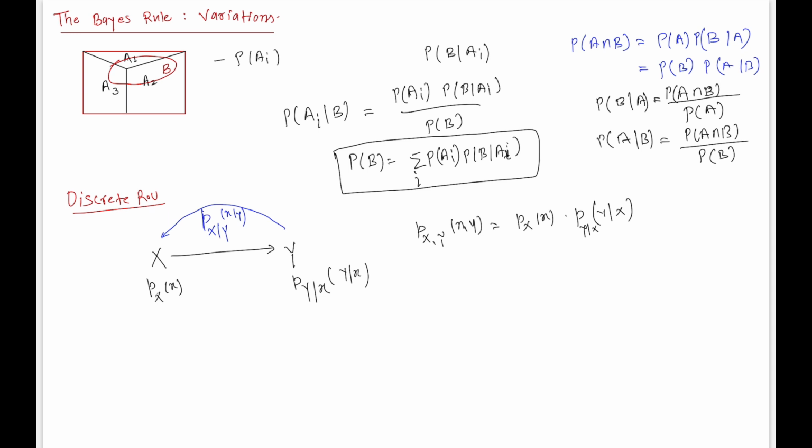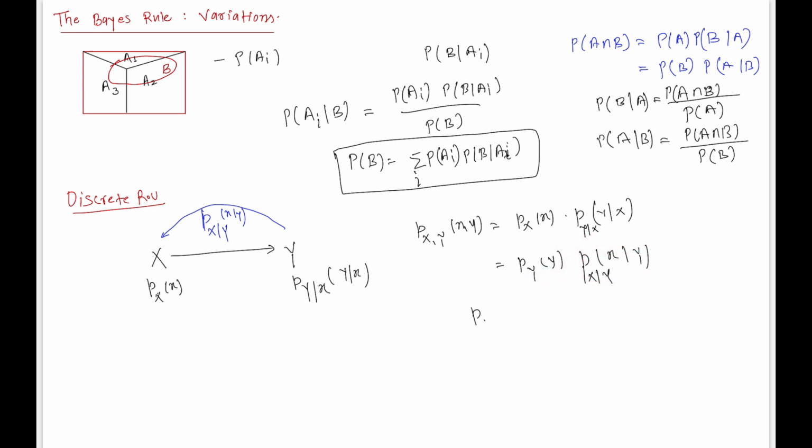We can write the same joint PMF the other way: if y has occurred first, the PMF of y times, given y, the PMF of x given y, right? And these two are the same, so from here we can find the answer by bringing this to the left-hand side.